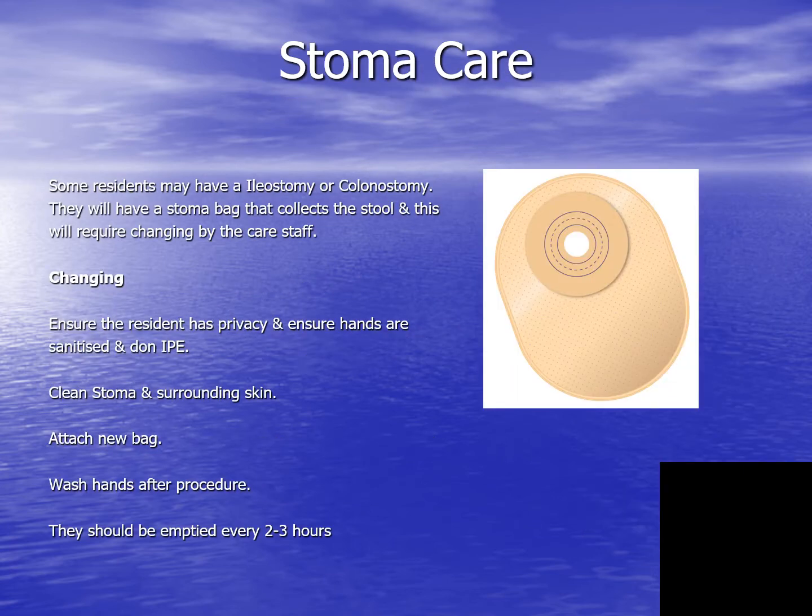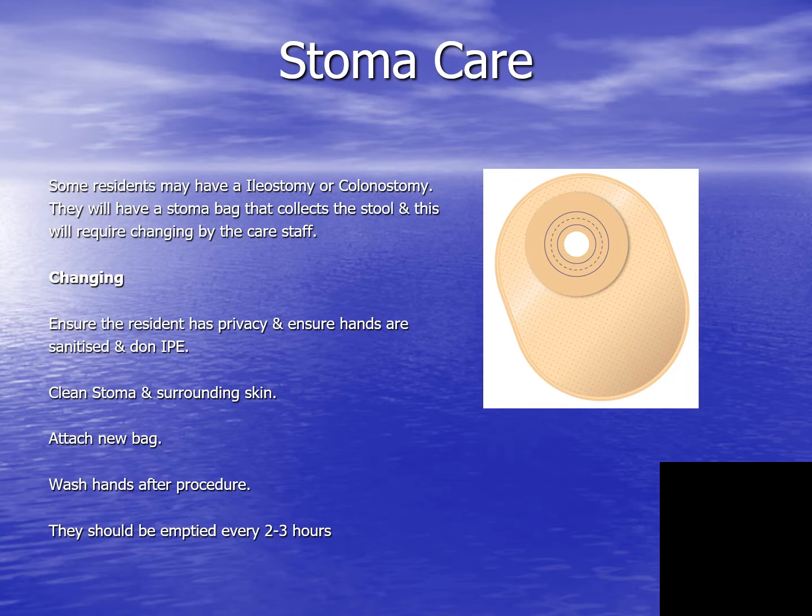Some residents have had surgery on their bowel. Possibly if they had bowel cancer, it may have been removed surgically, and they've had to have a stoma created. So they'll have a hole in their abdomen with the intestine protruding, and they'll pass stool via that stoma, and it can be in several places over the abdomen.